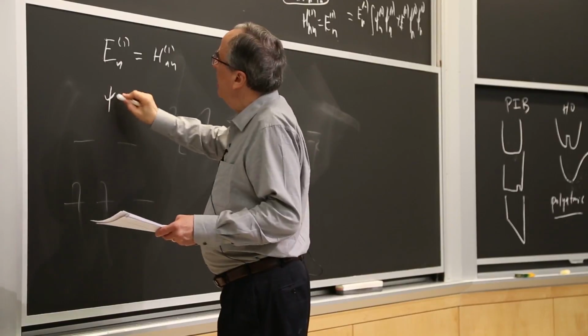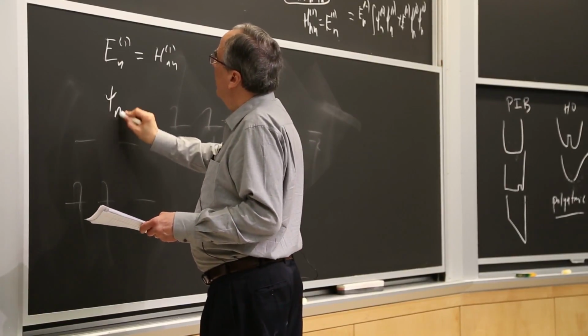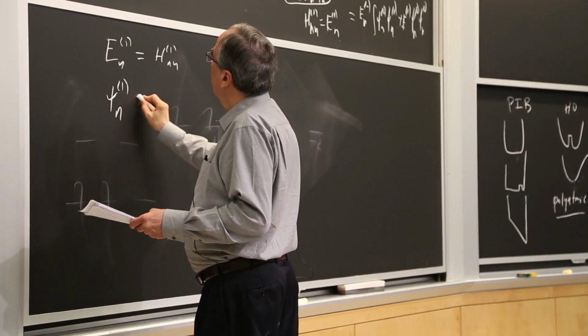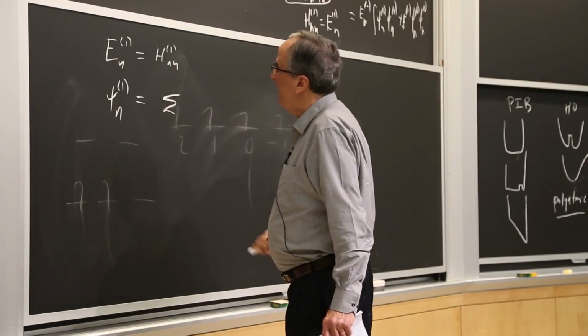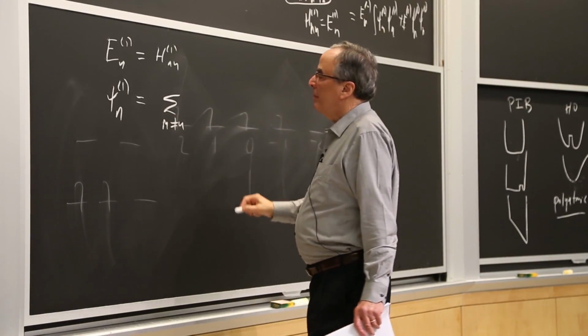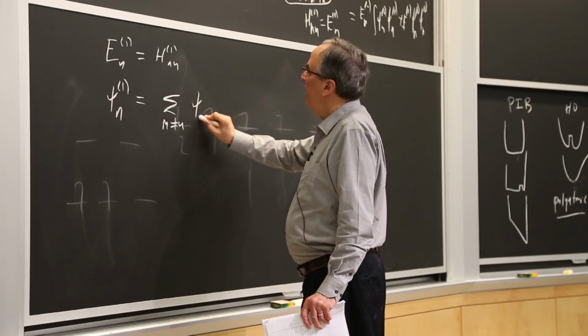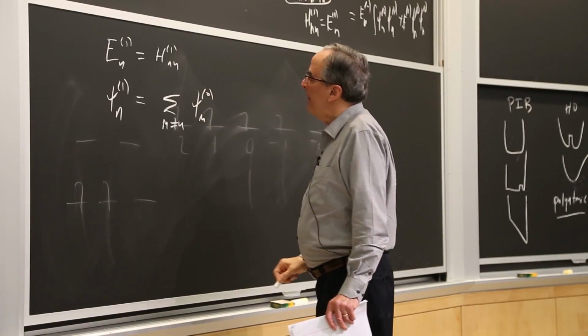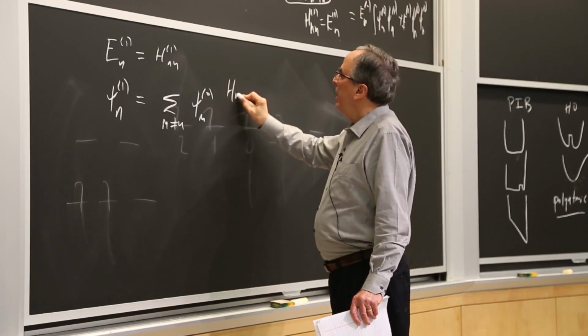We have psi n1 is the sum over m not equal to n of psi m0 H1 mn over E n0 minus E m0.